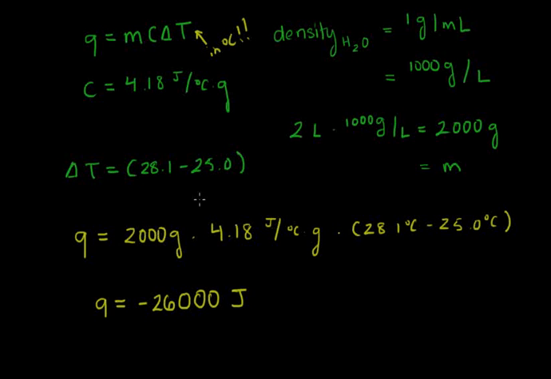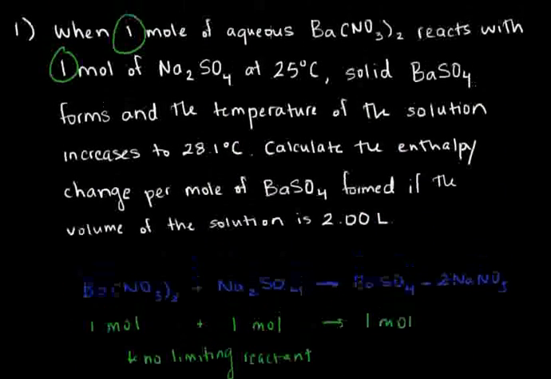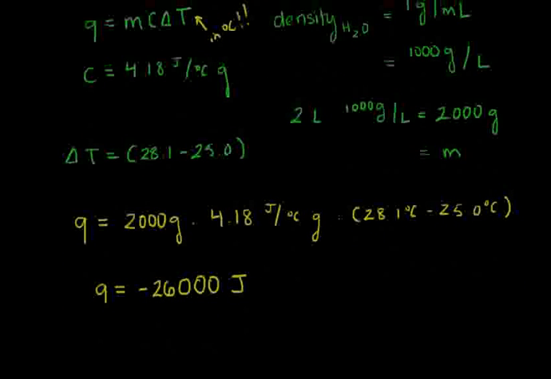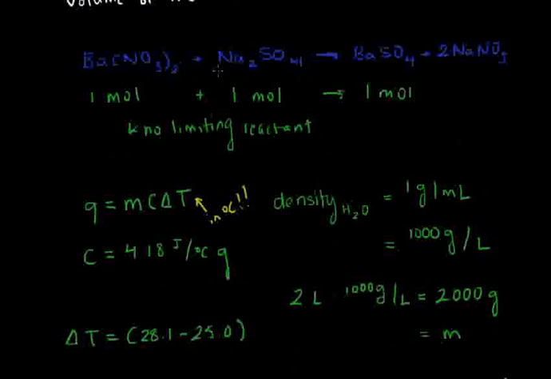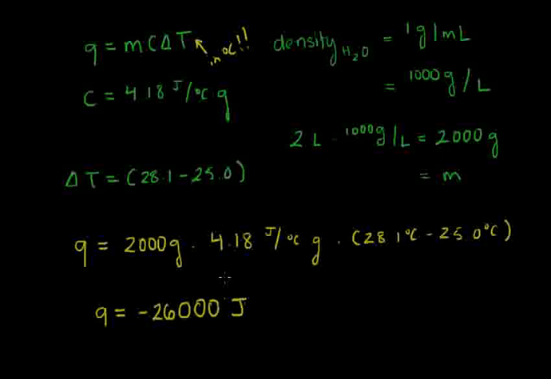Well, if the temperature of water increases, we know that energy has to be released from the reaction to enter the surrounding water. And so if we look at the heat flow with respect to the system, with respect to this reaction, we see that this reaction produces a certain amount of heat. So the energy change with respect to the reaction is going to be negative. And maybe we can write this with two significant figures. We can say that this is equal to negative 2.6 times 10 to the 4th joules.